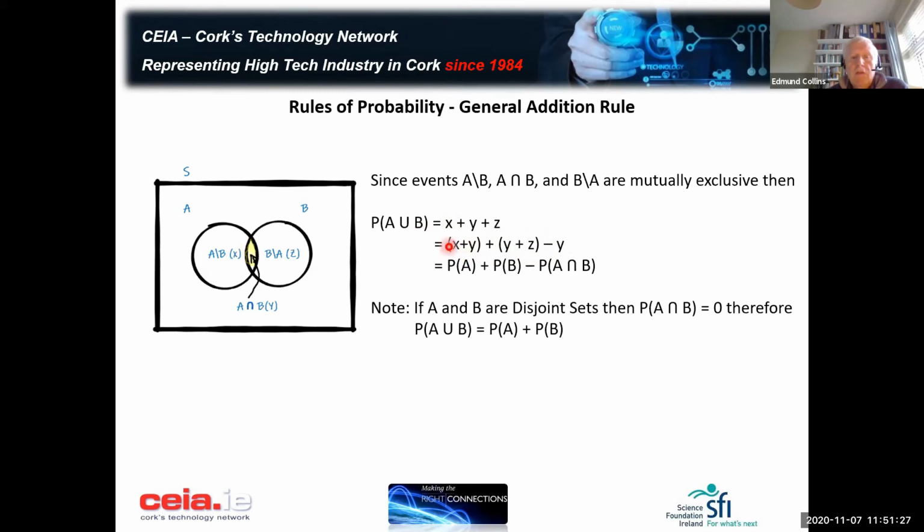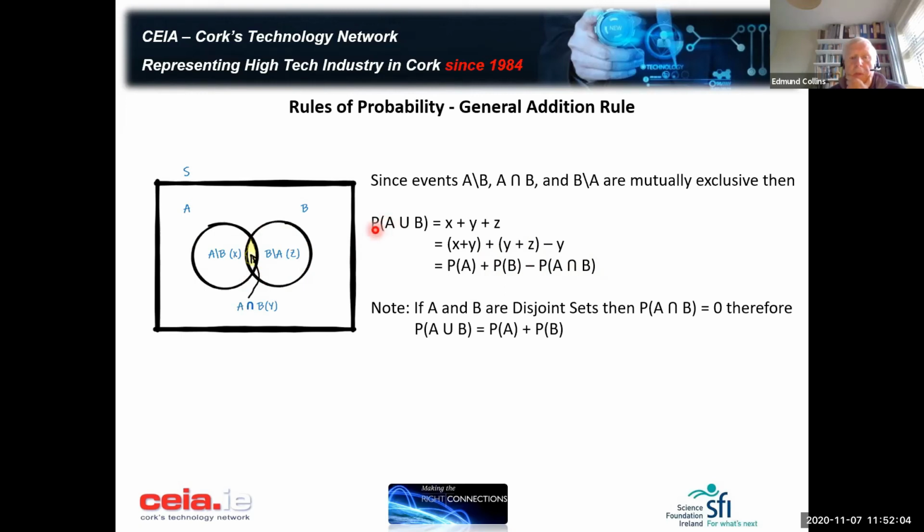In this case, the x plus y is this full circle here, that's the probability of A. And the y plus z, the full circle here, is the probability of B. And then the y is the probability of A and B. So that is an important addition rule.